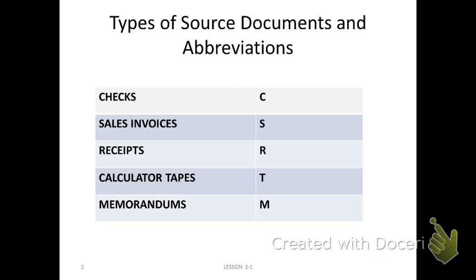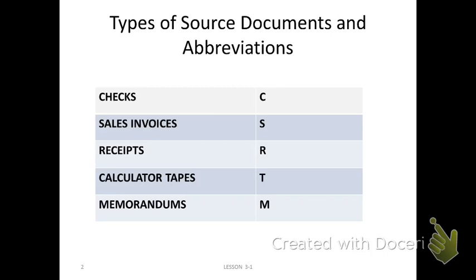Where is the cash? Where is the proof that there really was a sale? And so we're now having these source documents on file, or you can scan it on a computer, for example. A business might do that, and just have on file that there is proof that these really did happen. So it's not just your word against your boss's word, so to speak.